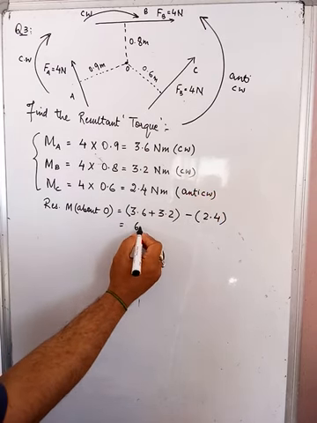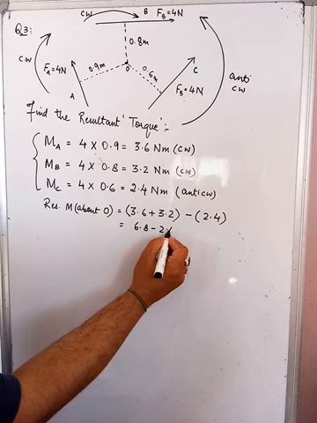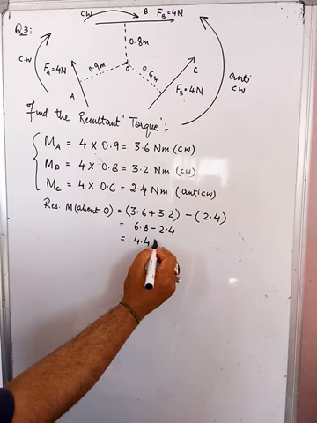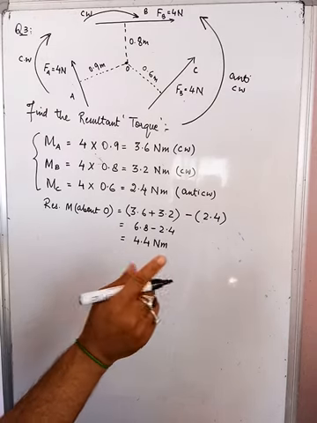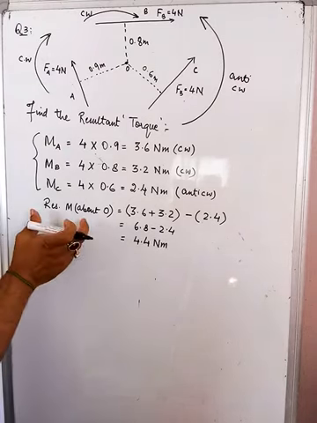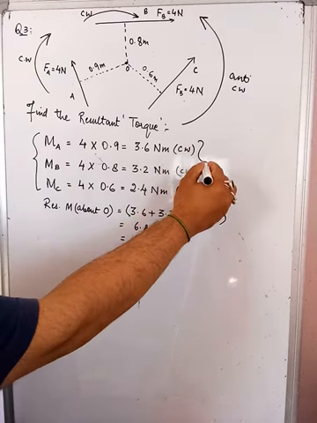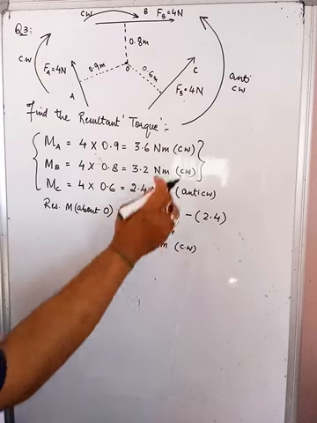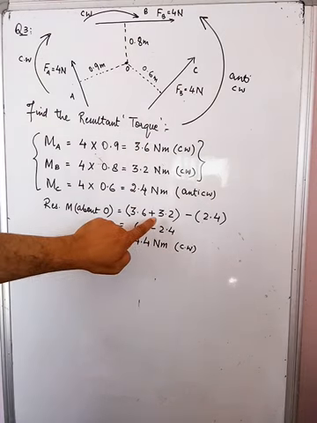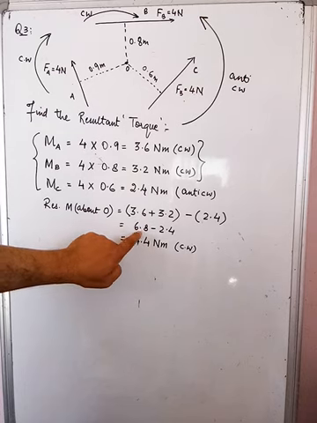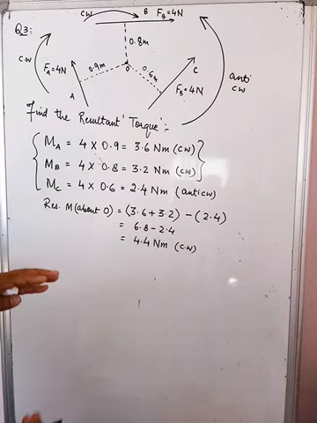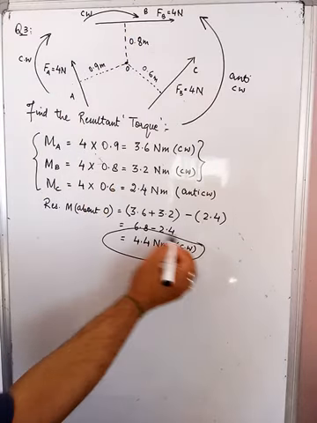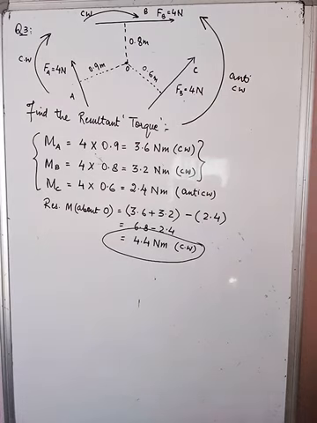So you have 6.8 minus 2.4, which gives a value of 4.4 newton meters. Now, very important, the direction. The overall resultant moment will have a clockwise direction, because the two clockwise moments, after adding them up, have come out to be more than the anti-clockwise moment. So the resultant turning direction will be clockwise for this system. So this is what our answer will be. Okay.